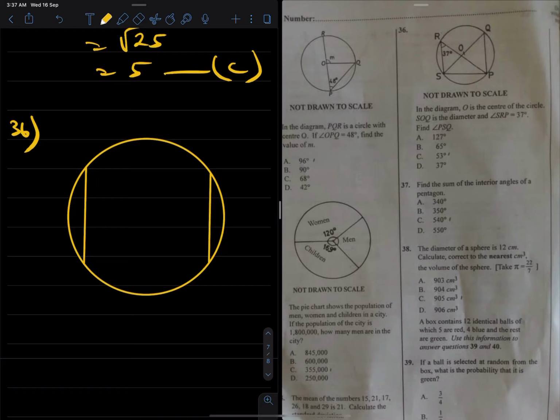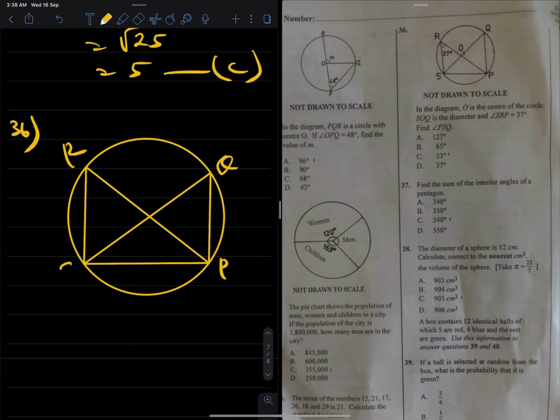Just trying to be sure the diagram is drawn correctly. This goes here, and this also goes here. Alright, so this is R, Q, P, S. Angle SRP is 37 degrees, and this is center O.